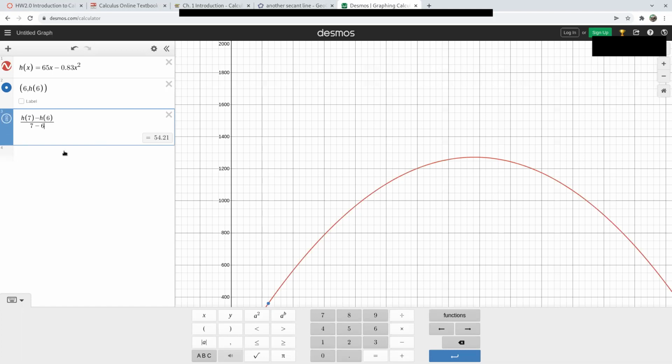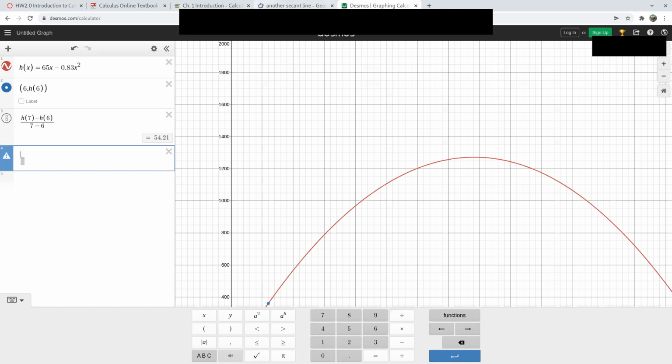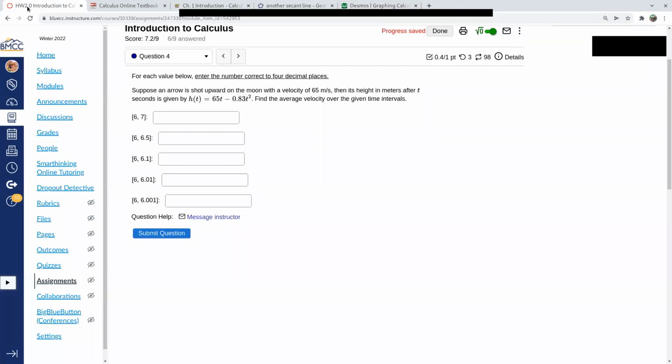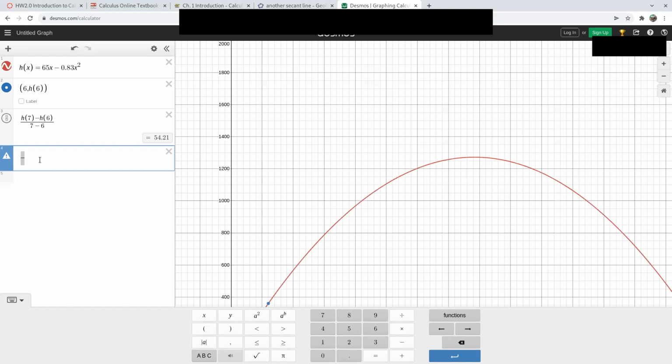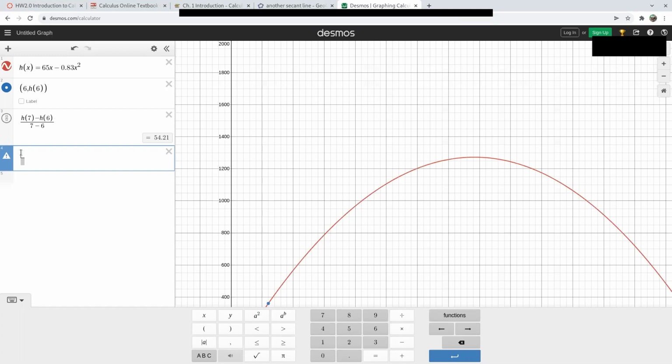Then I just want to keep repeating that slope idea. So I'm going to do another division. The next one they gave me was 6.5. So h of 6.5 minus h of 6, divided by 6.5 minus 6, which you could do in your head and just call it 0.5.